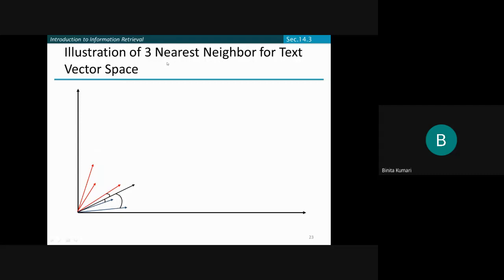Since it is 3NN, we take the three nearest documents. For this new test document, the three nearest are this red one, this blue one, and this one. So these three are the closest to this new test document.